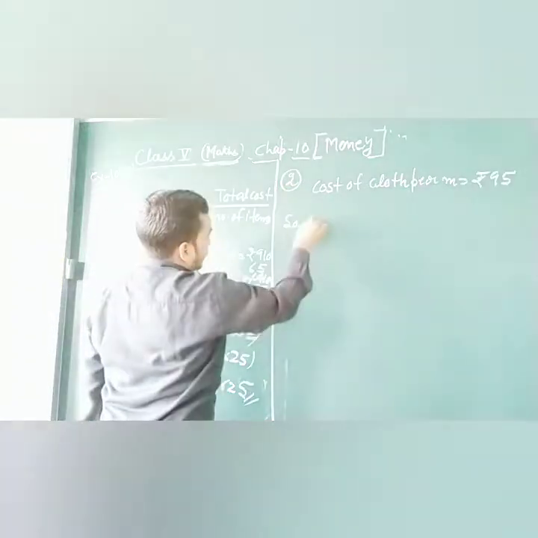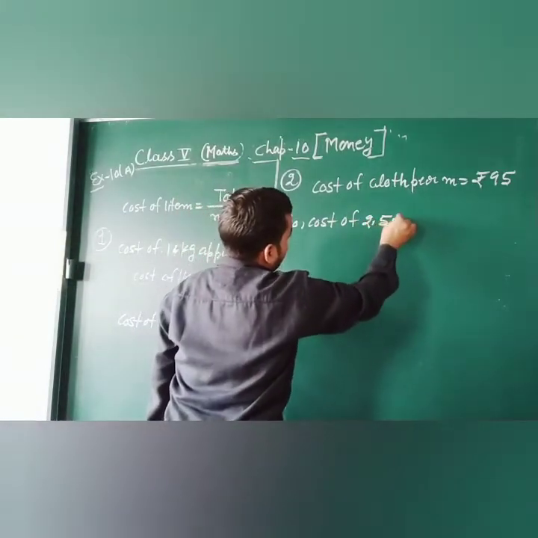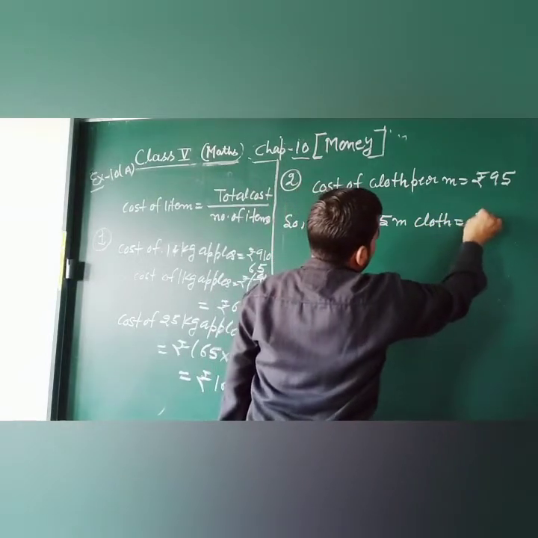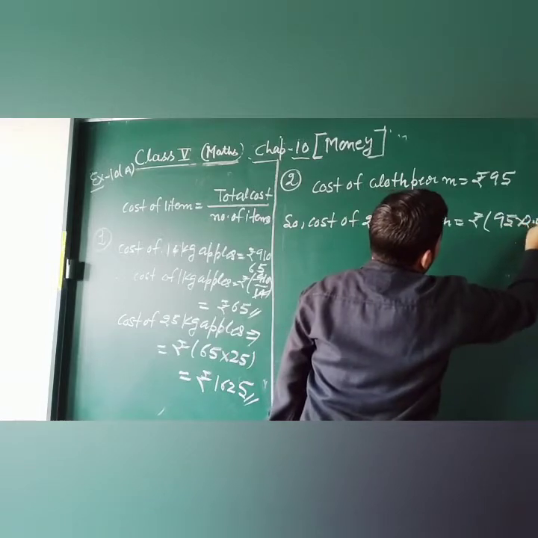Cost of 2.5 meter cloth equals 95 multiplied by 2.5.